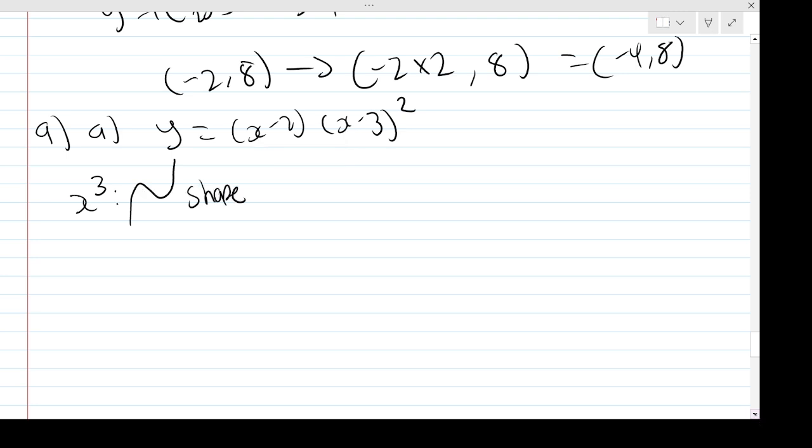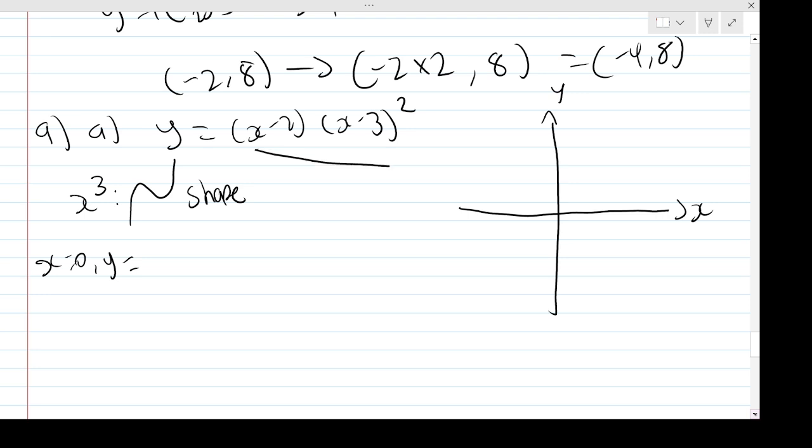Cool. Then let's draw our axis. So let's draw our cubic shape. Well, then I need some key details. So the y-intercept and the roots again, as usual with sketching. So the y-intercept would be when x is 0. Y would be, if I plug in 0 into all of this, you get 0 minus 2, 0 minus 3 all squared. That would be minus 2 times minus 3 squared.